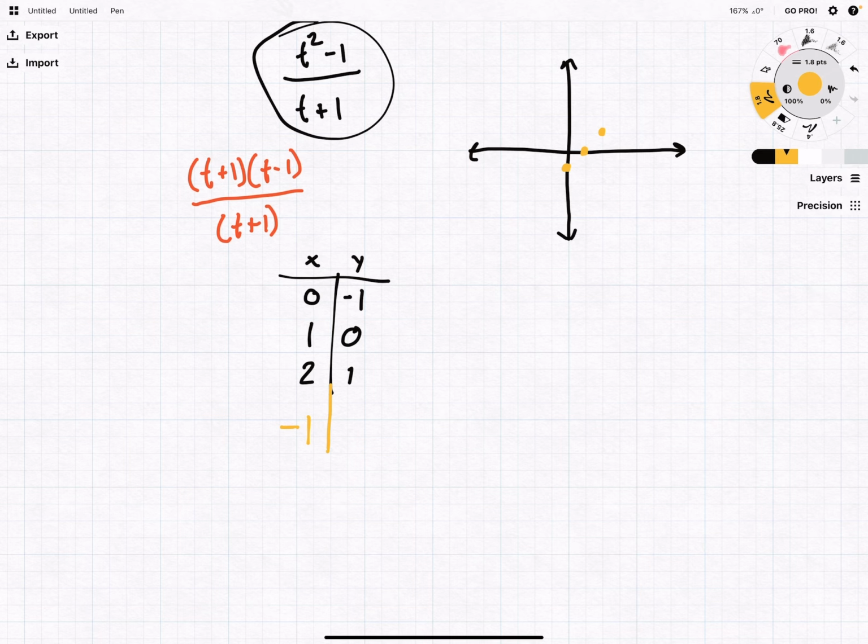So 1 minus 1 is 0, not a problem, right? Up here, 1 minus 1 is just 0. But here, t plus 1, -1 plus 1 is 0. That gives us 0 over 0. And that is undefined. 0 over 0 is not just 0, it's going to be undefined. So that's where we have some problem.